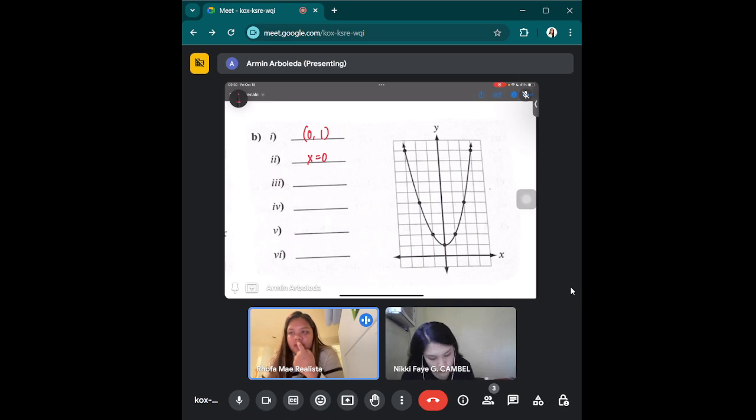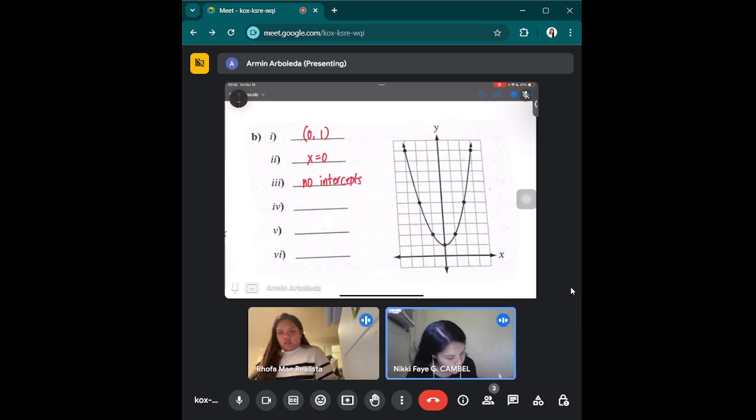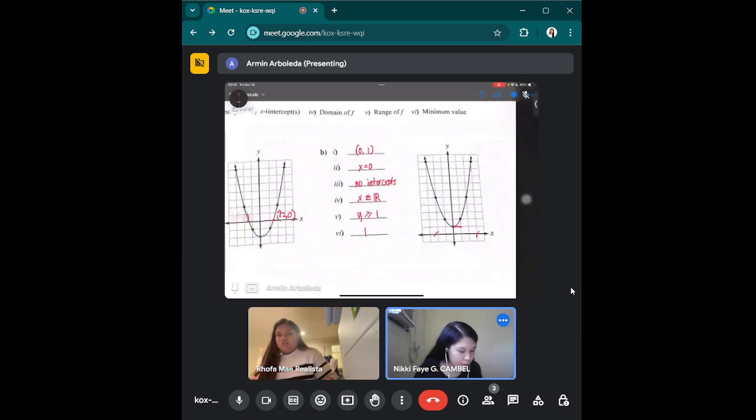There's no x-intercept. Kasi hindi naman nag-enter. Opo, tsaka yung lowest point natin is 0 and 1. But domain is all real numbers. And then y is more than including 1. And the minimum value is 1. Very good.